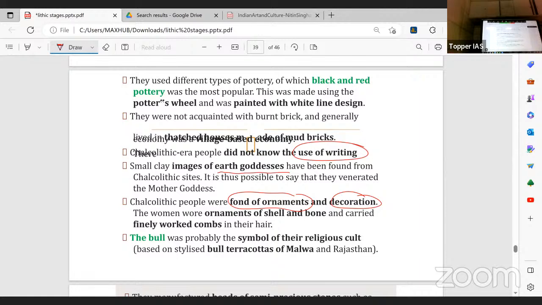So Chalcolithic people were fond of ornaments and decoration. Bull was probably the symbol of their religious cult.